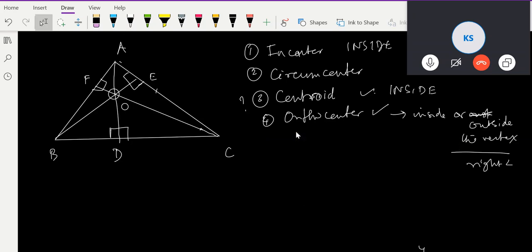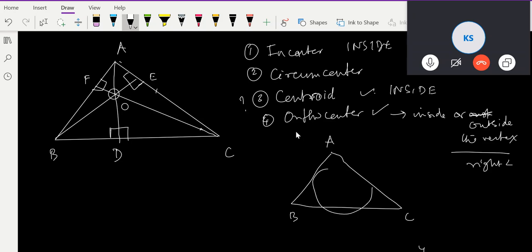And by definition, when we talk about incenter, what is the property of an incenter? The circle is inside the triangle. And there is one more important property.